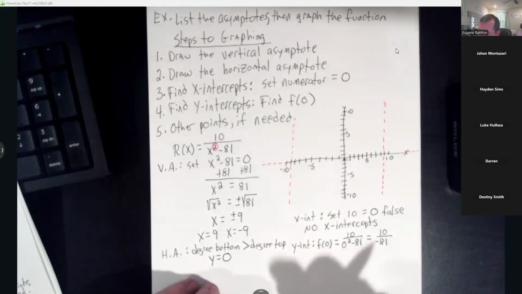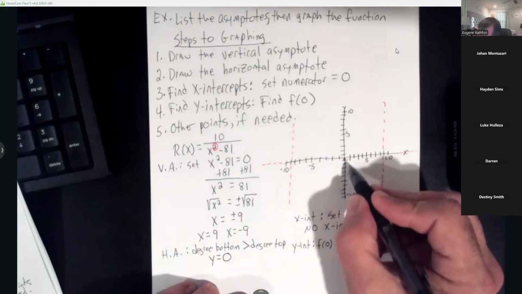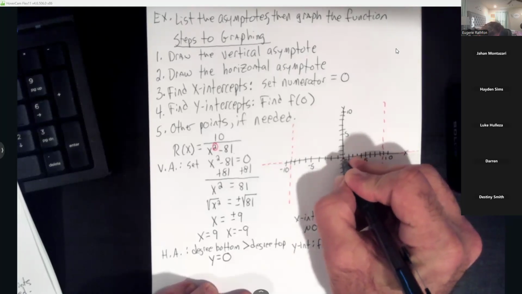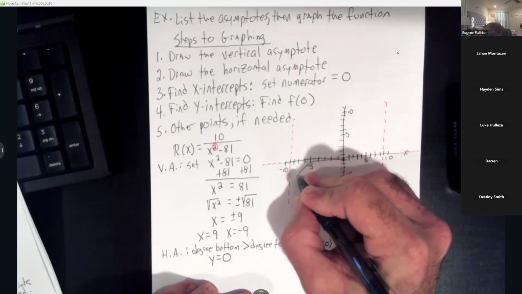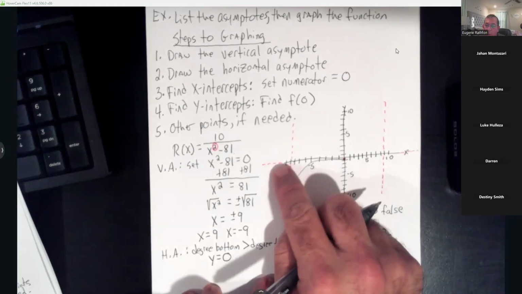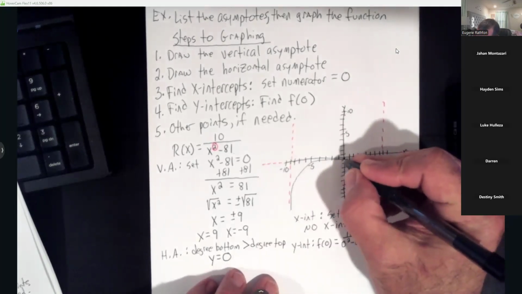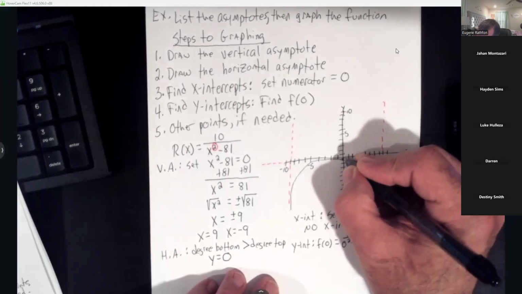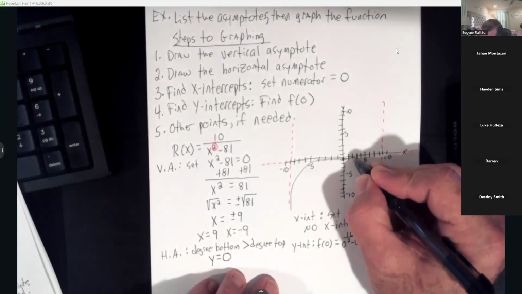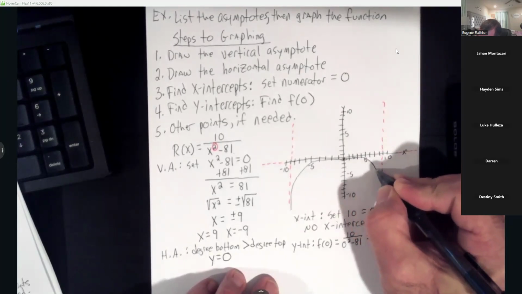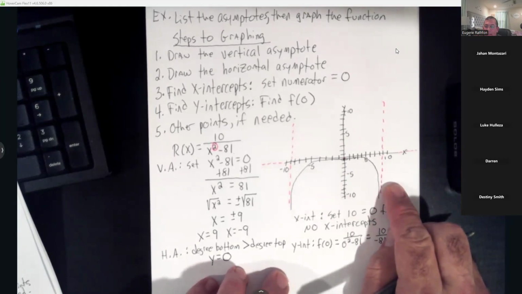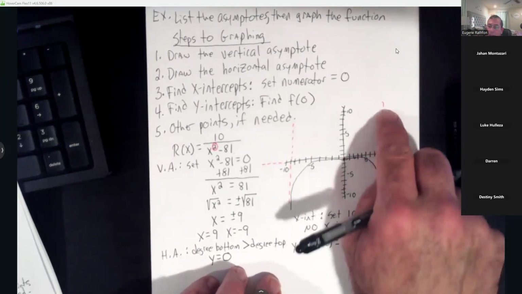All right, y'all, so check this out. On the left side, this graph does not cross the x-axis, so that means this side has to come down and head towards negative infinity, but it will not cross that. My graph crosses at this negative 10 over 81. And remember, it does not cross the x-axis here, so this side has to come and head downhill. It cannot cross that vertical asymptote.